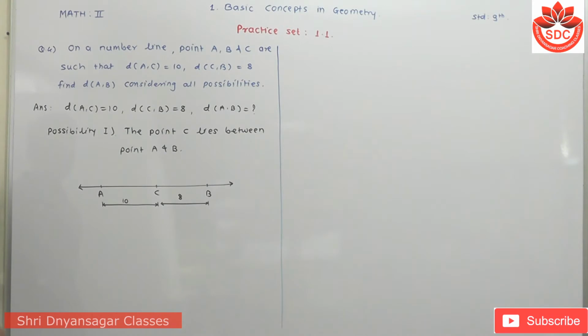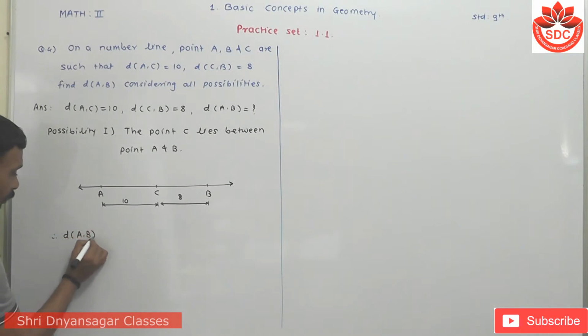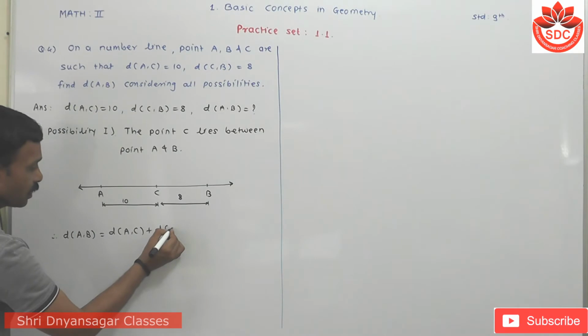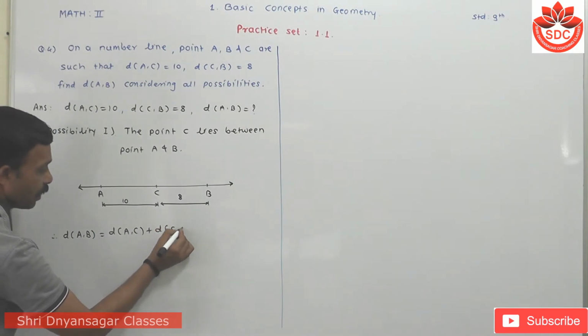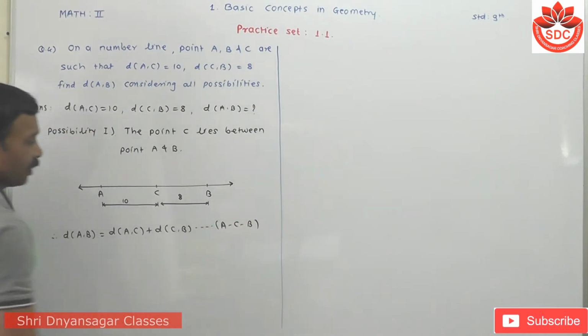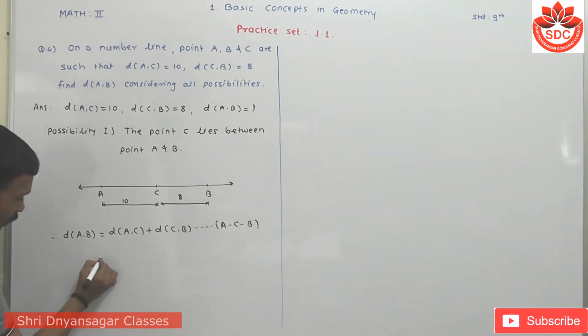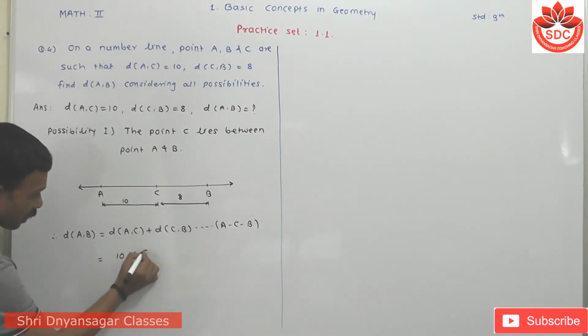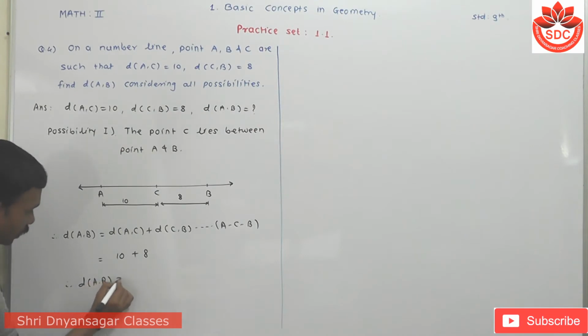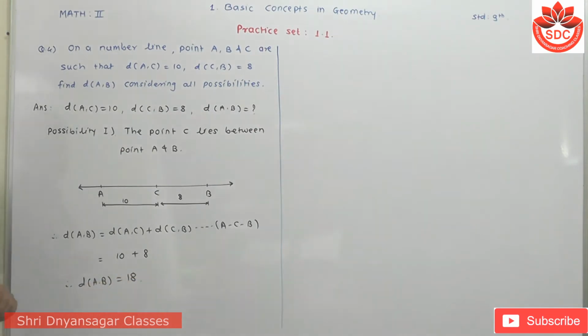Then we have to find the distance of AB. By using the betweenness property, the distance of AB equals the distance of AC plus the distance of CB, because A-C-B. Then substitute the values: the distance of AC is 10 plus 8. Therefore, the distance of AB equals 18 units.